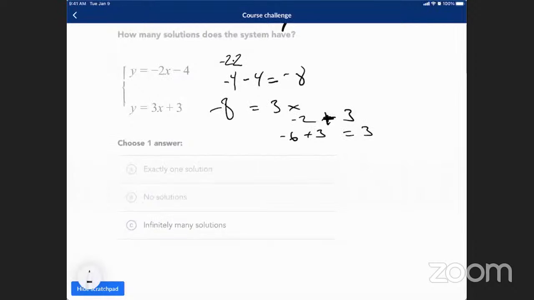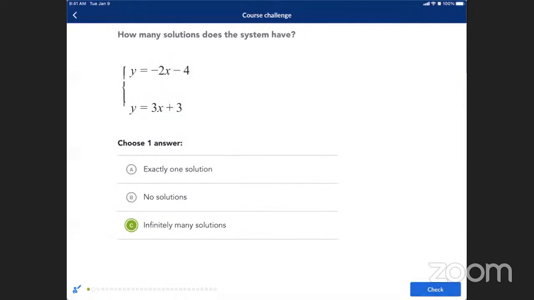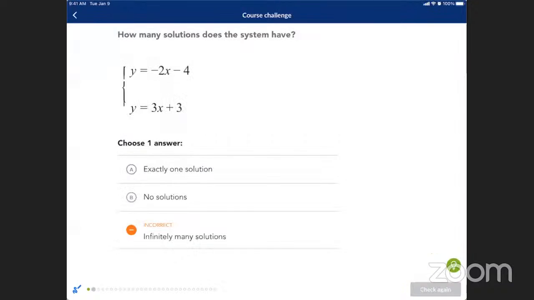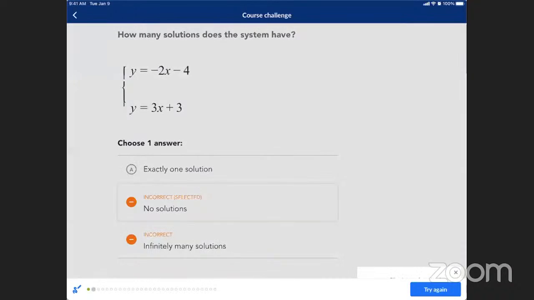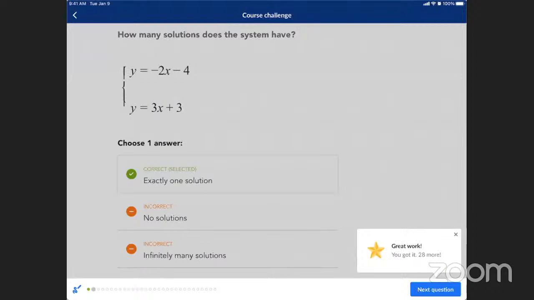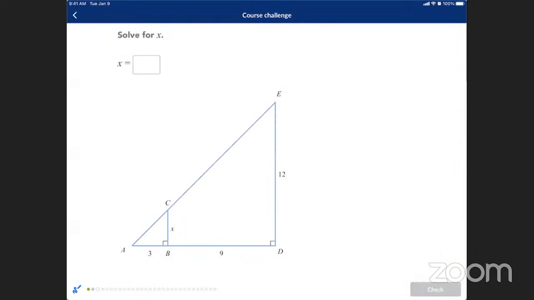So I'm pretty sure it would be an infinite amount of solutions, or then no solutions. Wow, okay, so it's actually exactly 1 solution. I forgot how to do that. All right, we can move on to the next one.